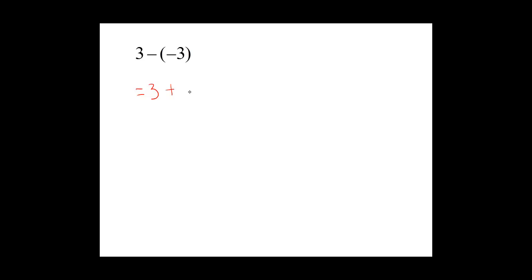The opposite of -3 is +3. So 3 minus -3 is equivalent to saying 3 plus 3. And we don't need any fancy method to solve this problem. 3 plus 3 is 6.